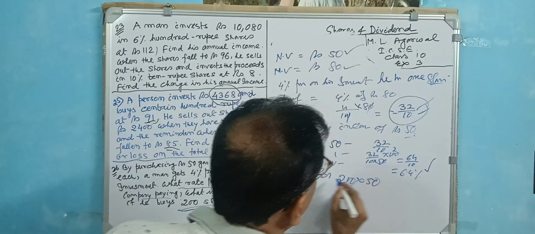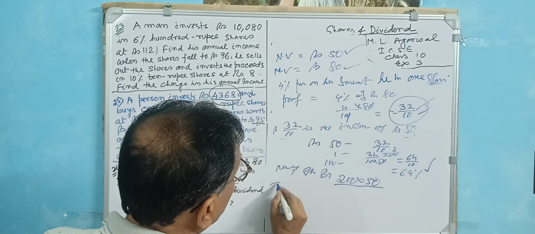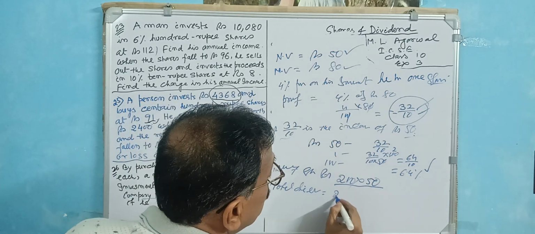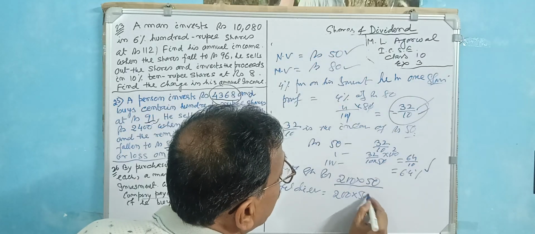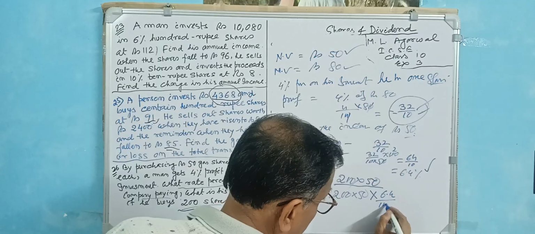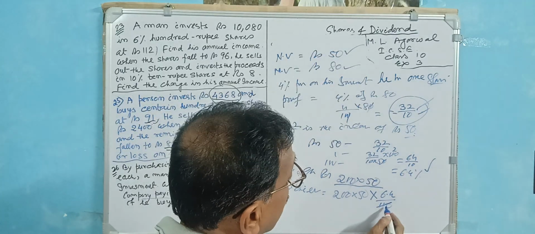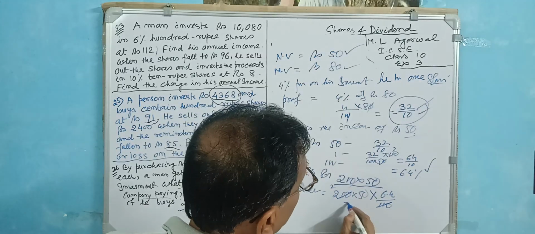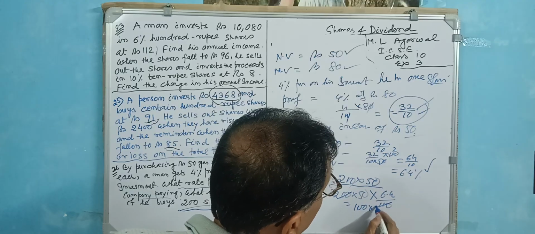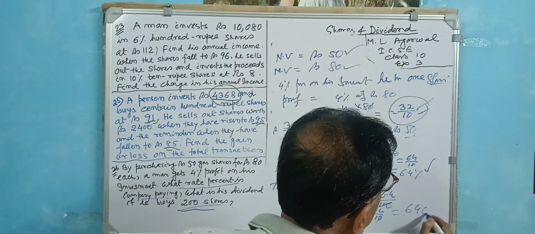The total nominal value is 200 into 50, and the dividend rate is 6.4%. So this is 100 into 6.4 by 100, this is 640.